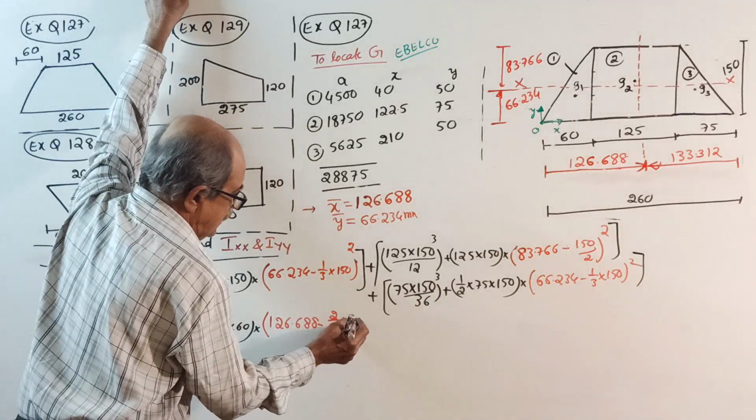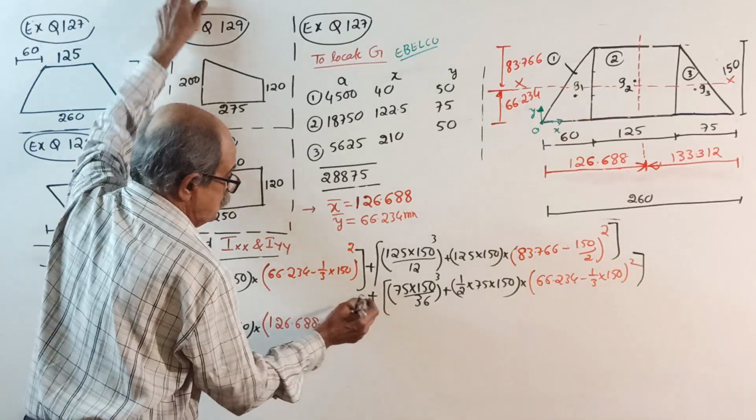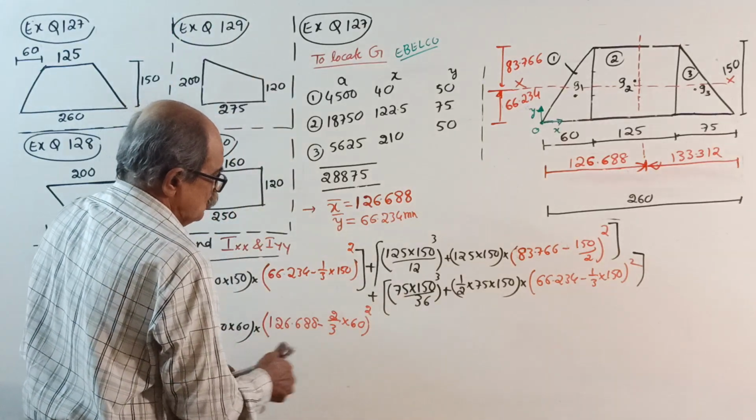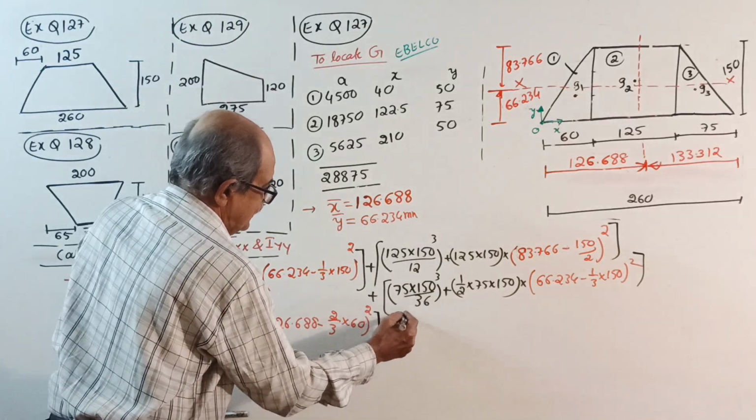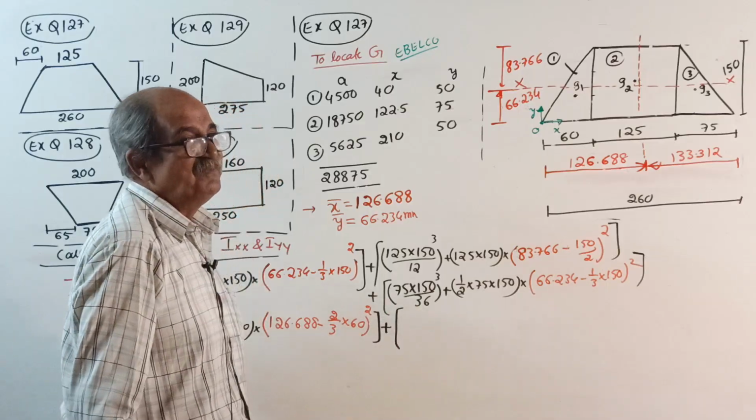Nobody should ask me any doubt about this one, whole square, because I have explained it so many times, actually not 1,000, more than 100 times.